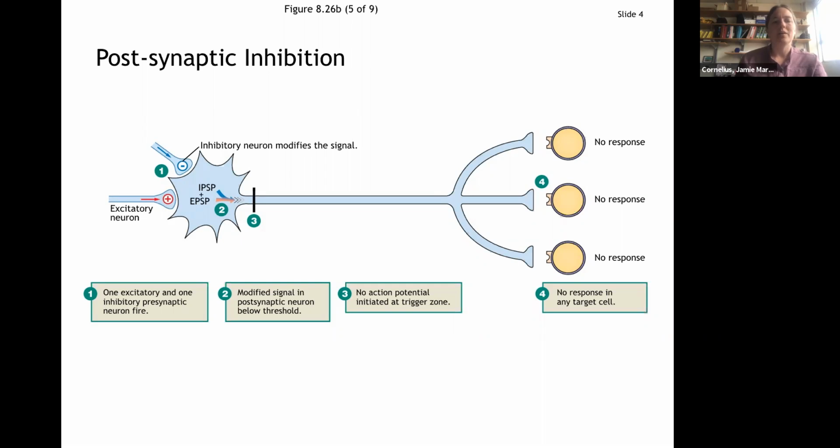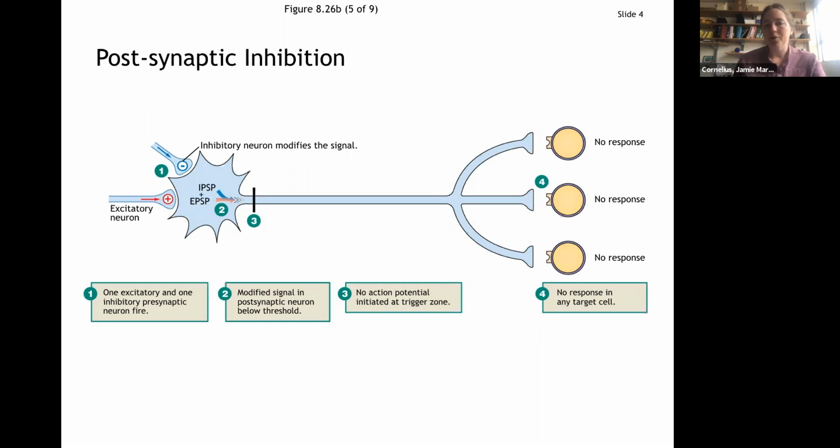Because of summation of negatively charged chloride ions suppressing the depolarization event that would otherwise be happening from the red input, you might prevent an action potential from firing at all in the postsynaptic cell.